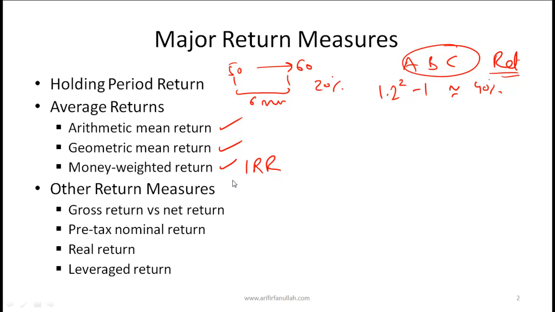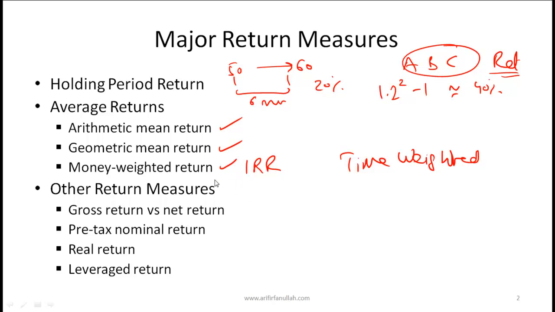Not explicitly mentioned here, but in quant you also studied time weighted return, and if you don't remember these terms, make sure you go back to readings 5 and 6 in quant to refresh yourself on this material.